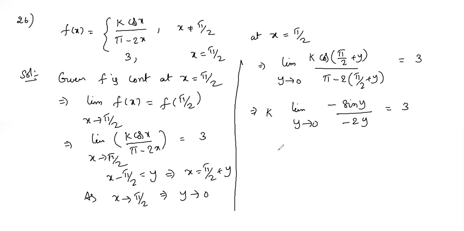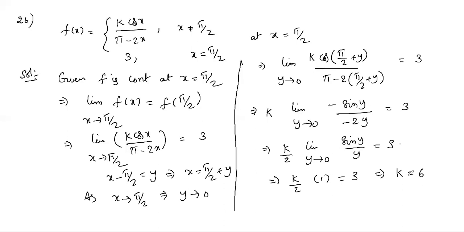Minus minus will cancel: k by 2 into the limit as y tends to 0 of sin y by y equals 3. The limit of sin y by y is 1, so k by 2 equals 3, which implies k value is 6.